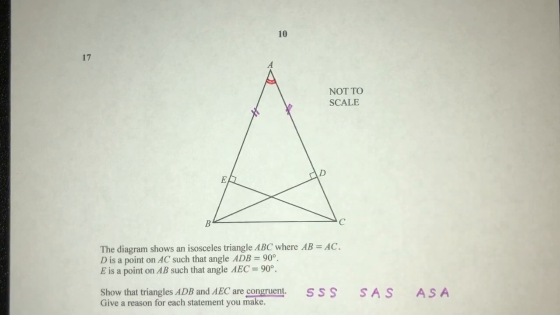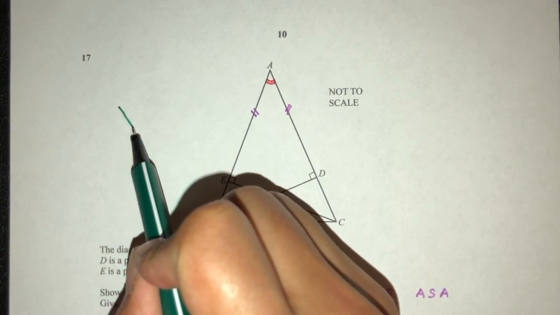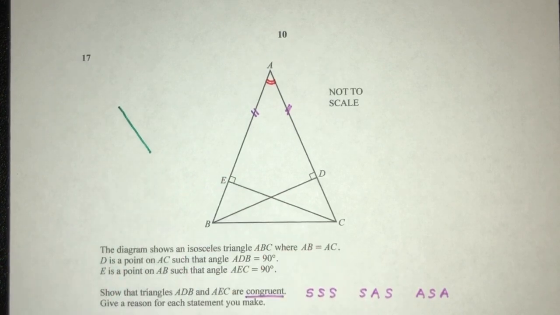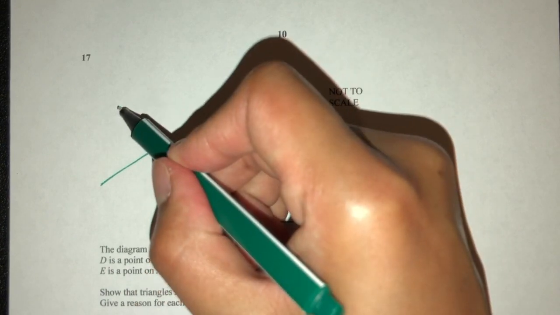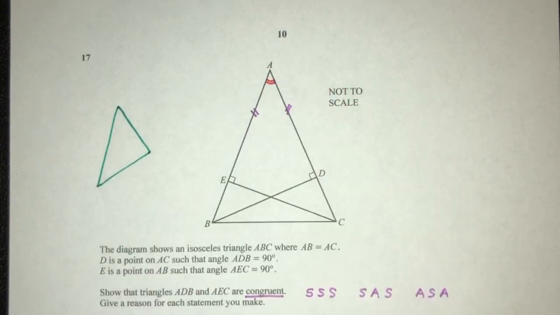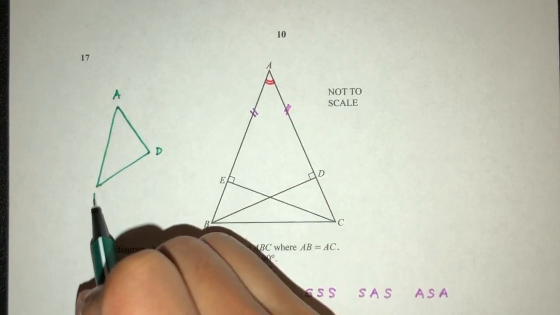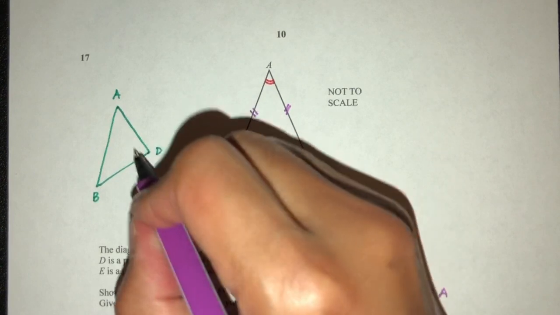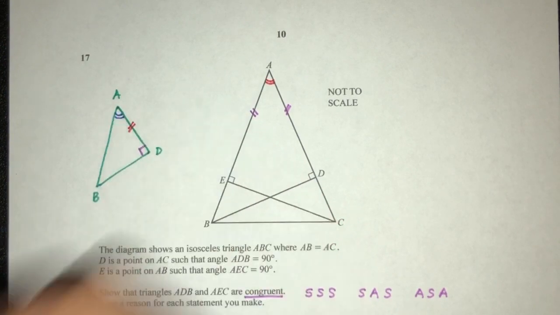So let me take them out to make it easier for you to see. Here we have A, D, B. That'll be one of the triangles. I know this is 90. This is the side that we have, and I know this is the angle in common. Let me draw this one.